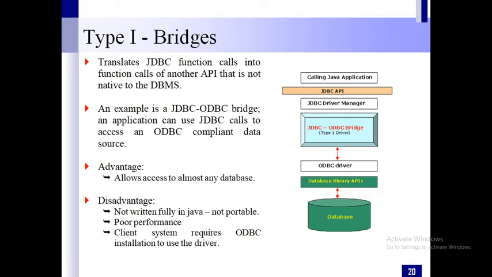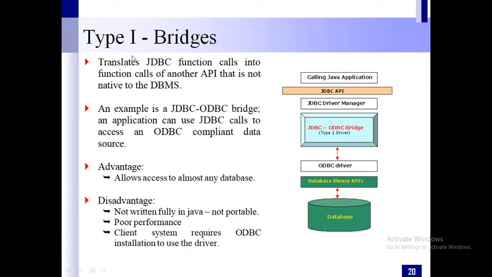How can it connect to MS Access? It is not compatible with your Java language. So what we can do, we can use a bridge driver. So it will translate the API to the native driver, and through that we can access the database.